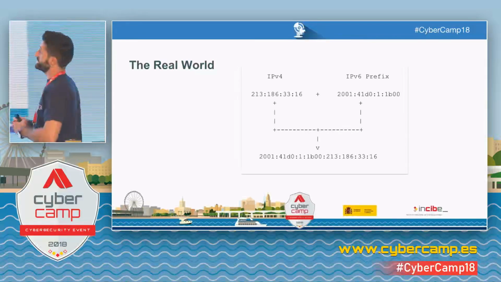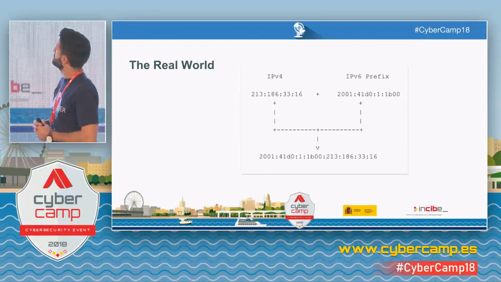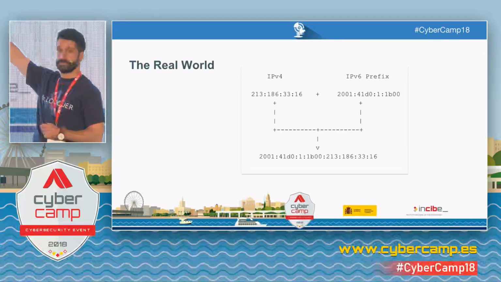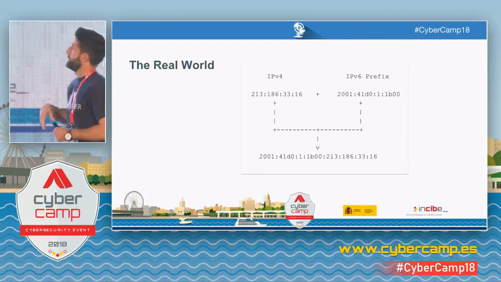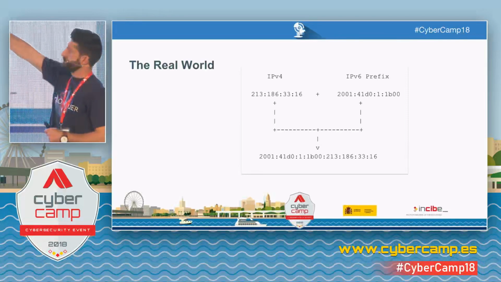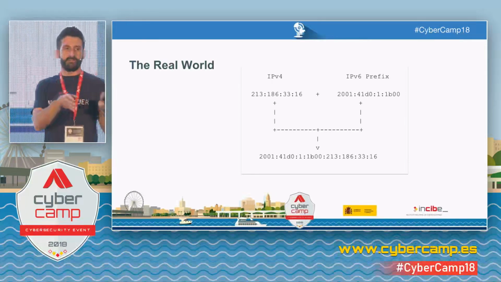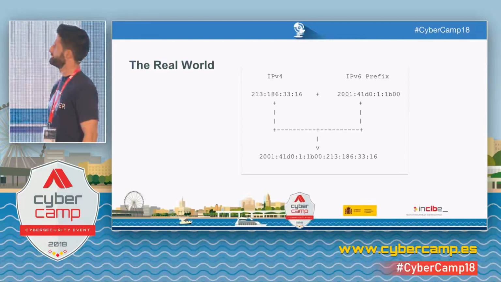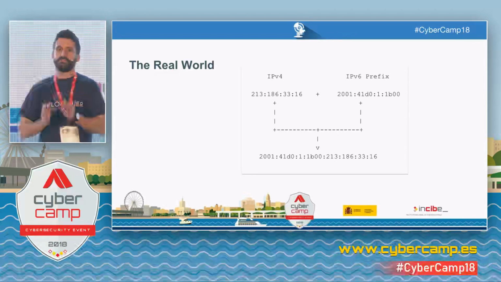Let's see another example. Other people have assigned this prefix, 2001:41d, whatever. They take their regular IPv4 address that they've traditionally been administering for a long time, and they include it like that.